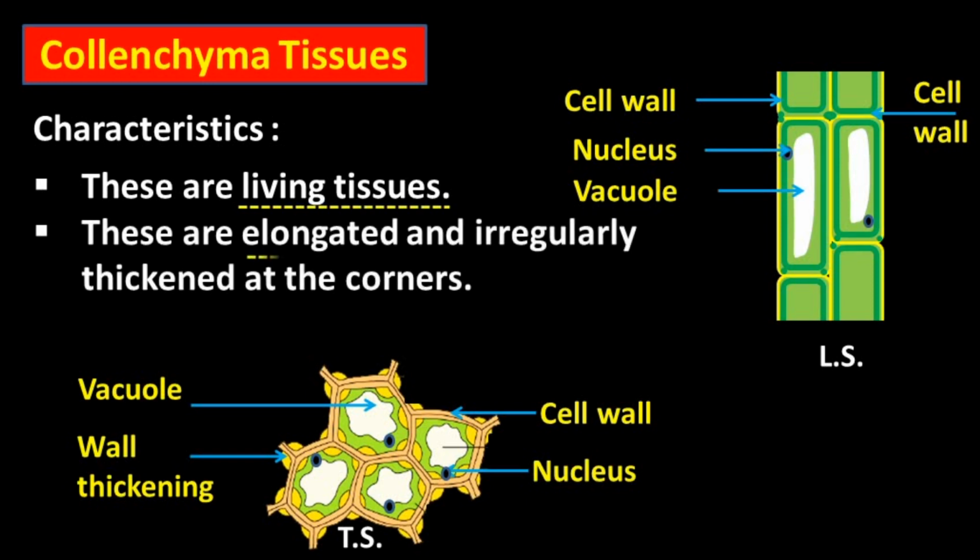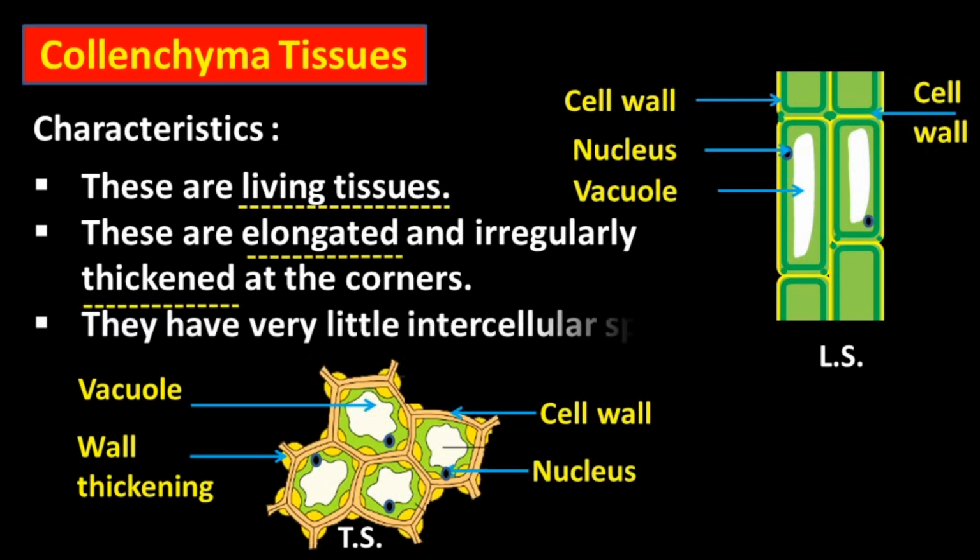These are elongated, irregularly thickened at the corner. Elongated होते हैं and corner पे कैसे होते हैं? Thick होते हैं. They have very little intercellular space compared with parenchyma tissues. Parenchyma tissues have intercellular space, but collenchyma tissues have very little intercellular space.